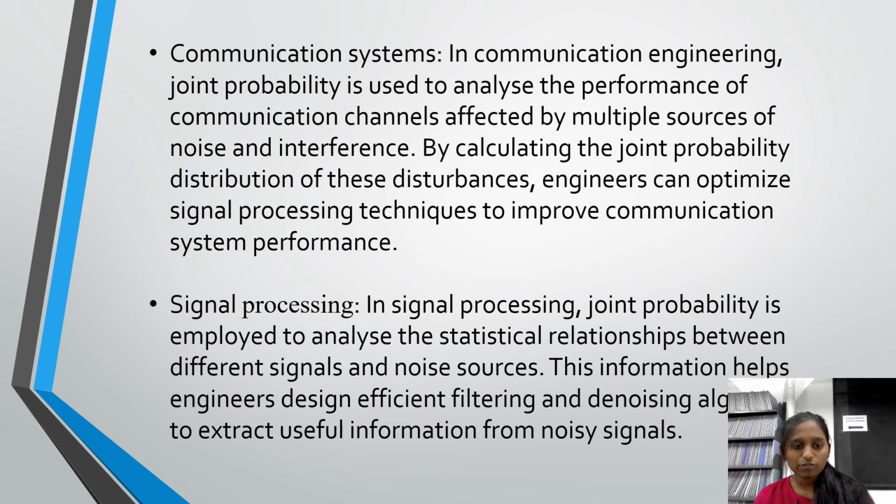And the other one is signal processing. In signal processing, joint probability is employed to analyze the statistical relationship between different signals and noise sources. This information helps engineers design efficient filtering and detection algorithms to extract useful information from noisy signals.